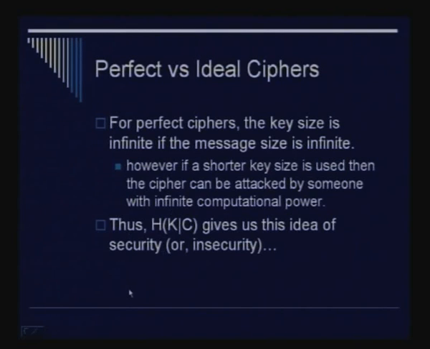Now we will slowly try to go into something more practical. In case of DES, for example, if for a given plain text you use a key, and each time you choose the key at random, then you still obtain a perfectly secured cipher.